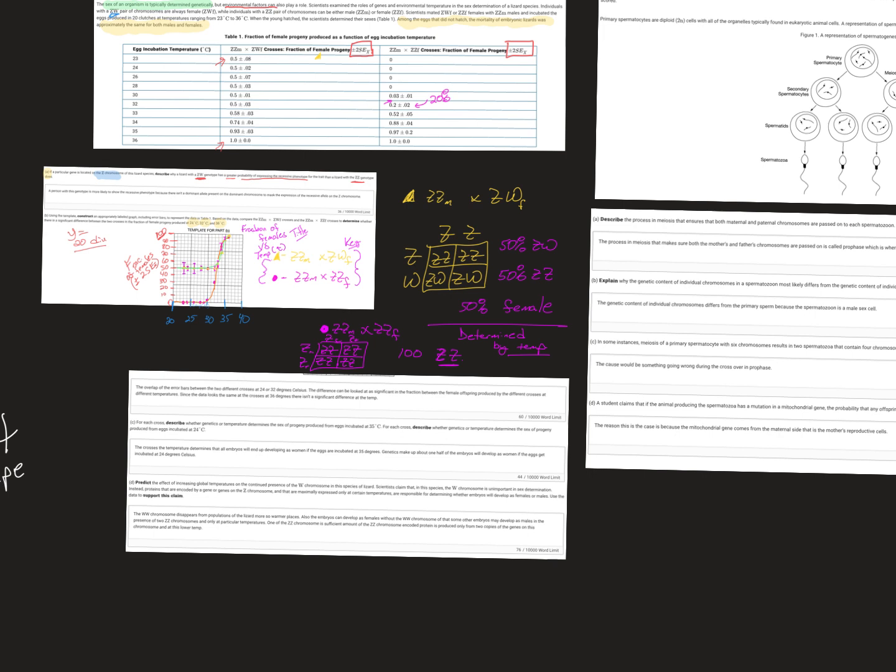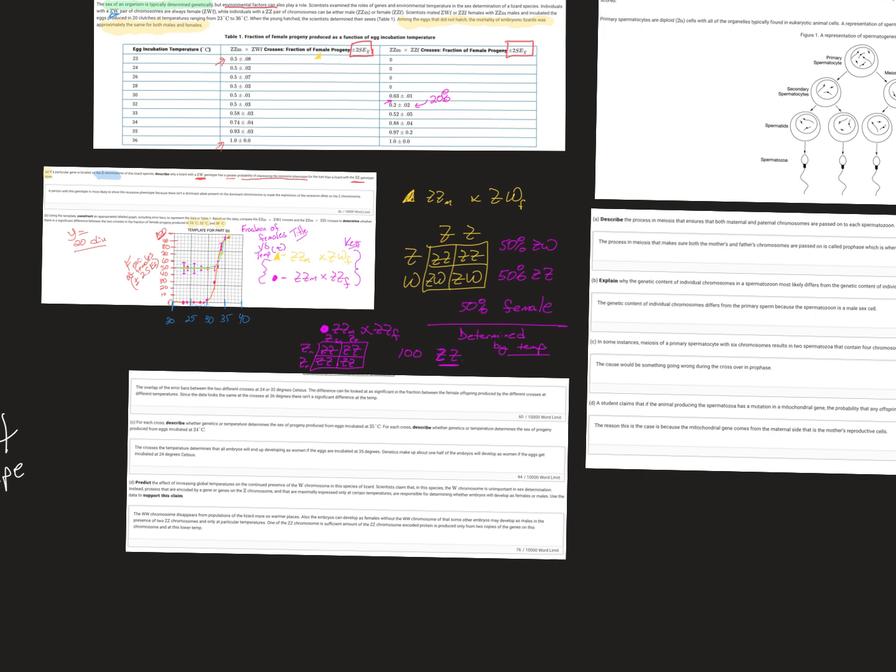It's a tricky question here, this D, because it says predict the effect of increasing global temperatures on continued presence of W chromosome. The W chromosome is present or not based on whether the parent had the chromosome to give.